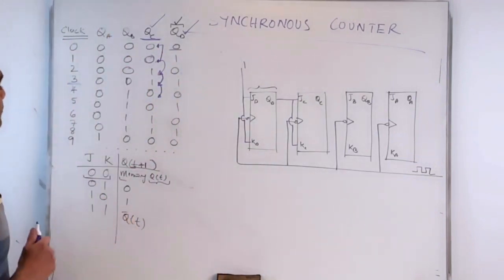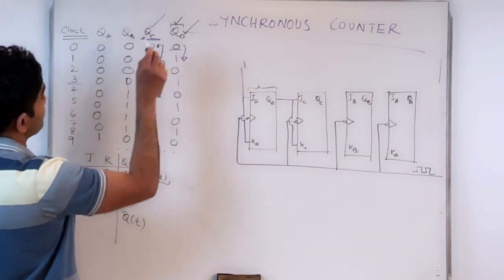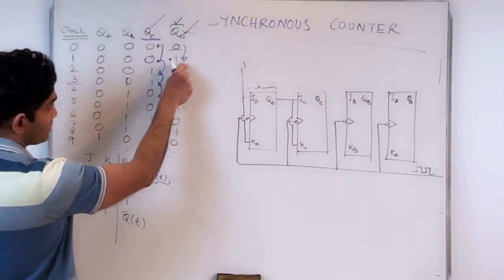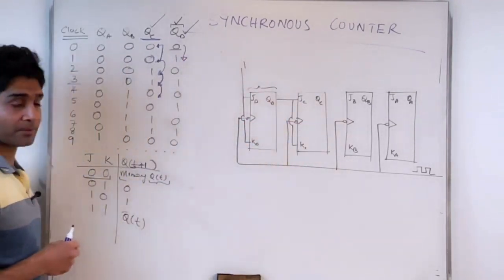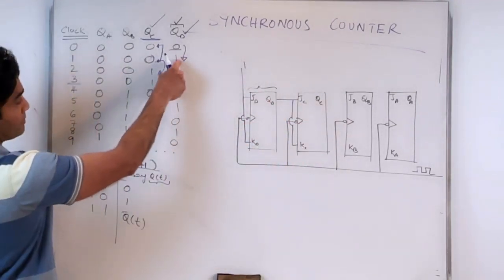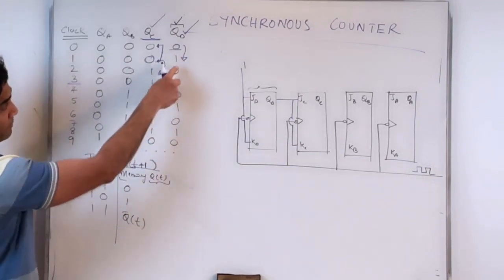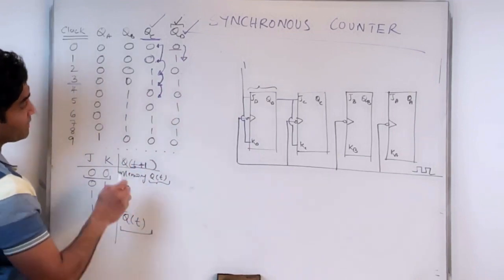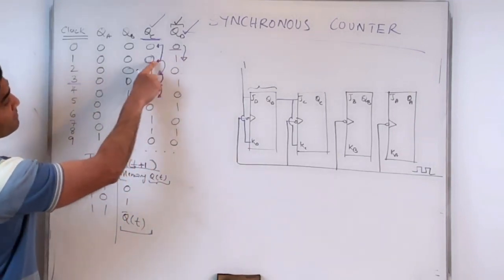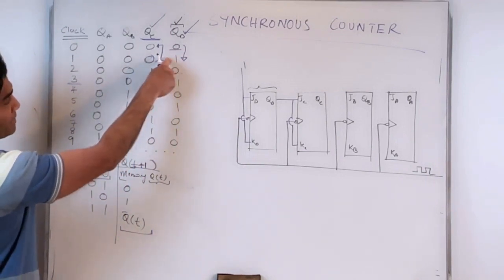So that's good. Now, QD value itself changed on the first clock pulse. That became 1. Now 1 is being applied to JC and KC. And in the next clock pulse, Q(t+1), if I apply 1, that refers to the toggle state. So my 0 becomes 1, toggles, right? Because 1 is being applied.